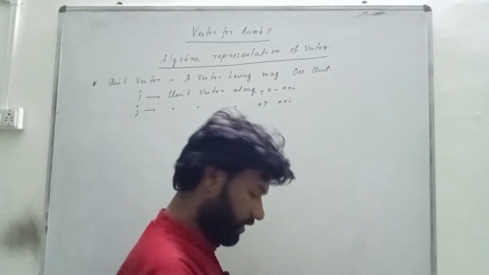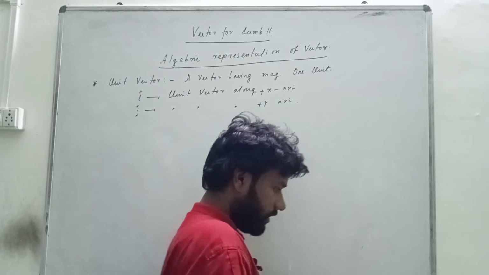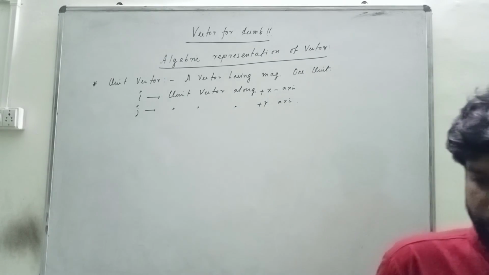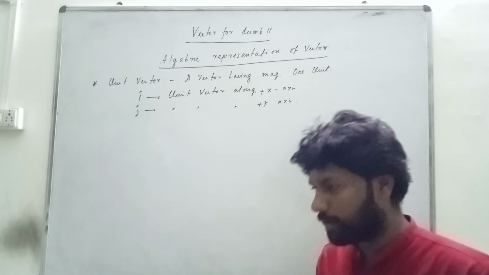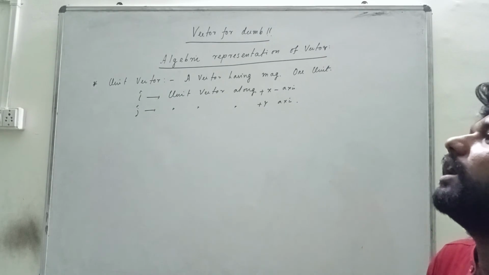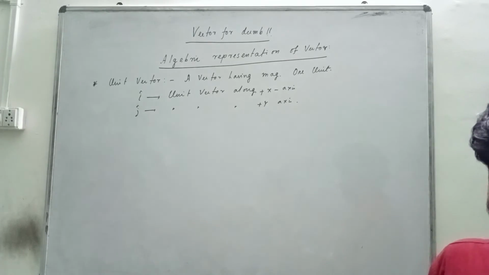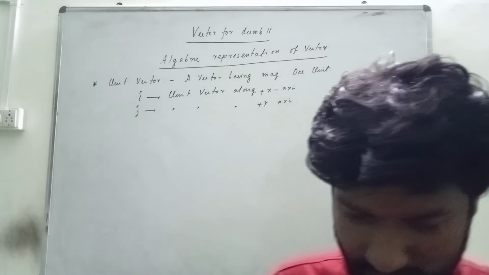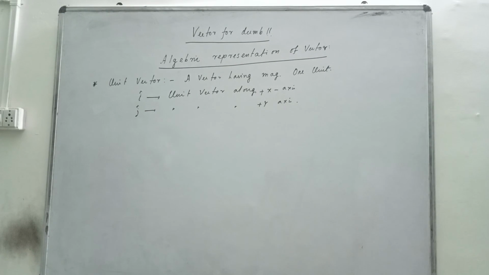In the next class I will introduce to you the resolution of vectors, how to break the components of a vector, and the product of vectors, right? Okay, so it is just the end of our class.